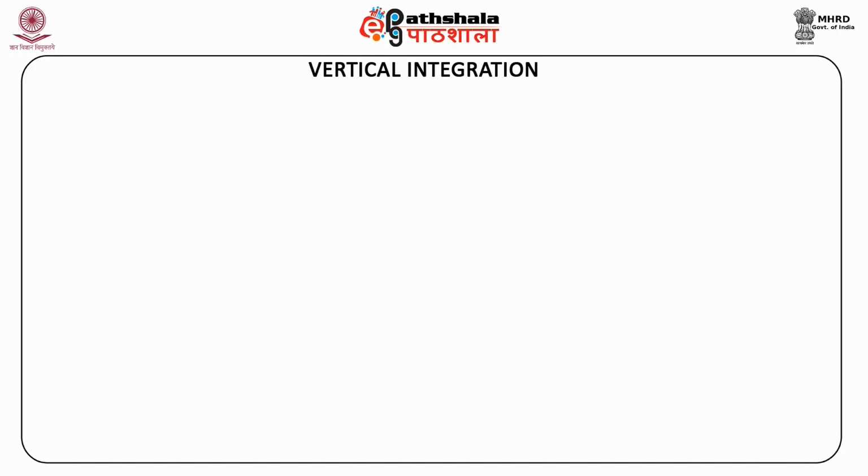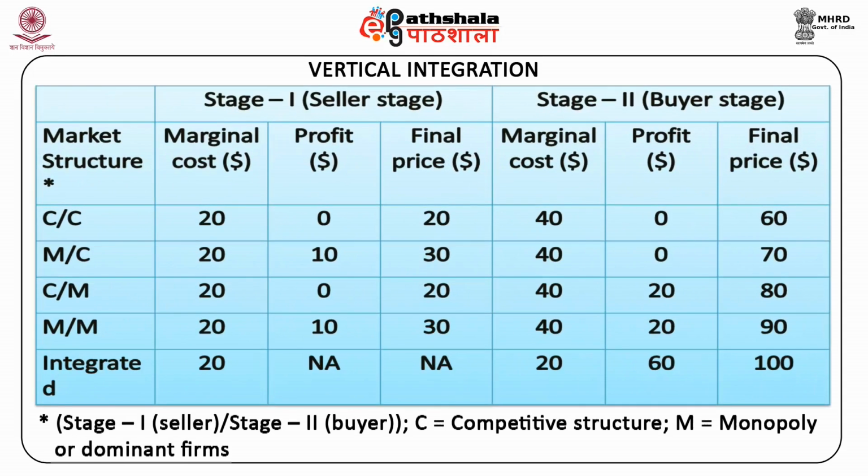The role of vertical integration in the market structure can be explained by a numerical example. Let us assume that in stage 1 the marginal cost is 20, the competitive price is 20, and the monopoly price is 30, that is a profit margin of 10.